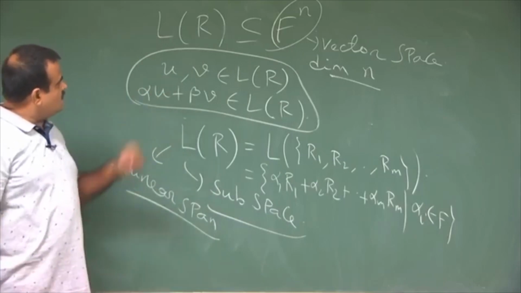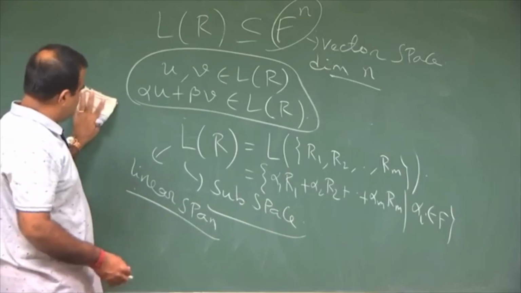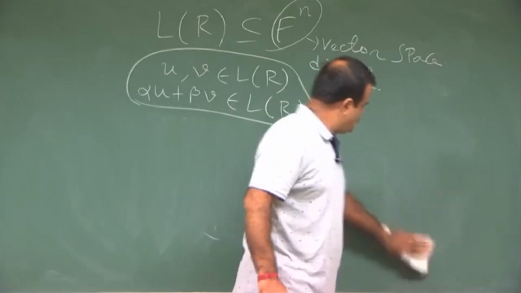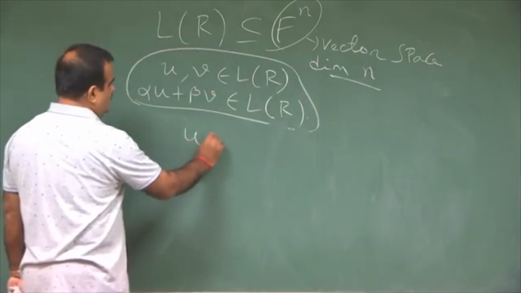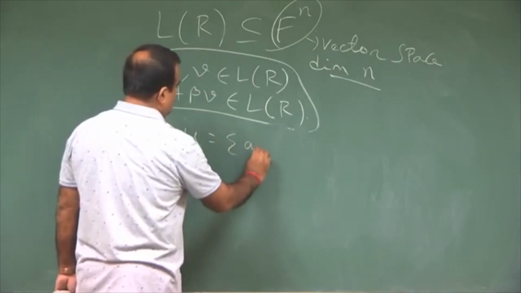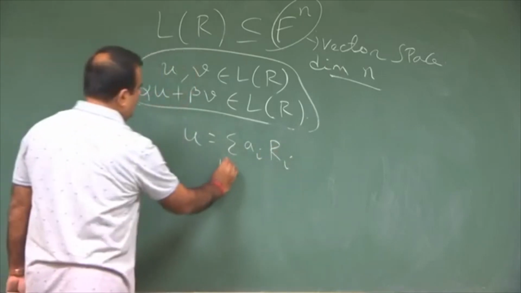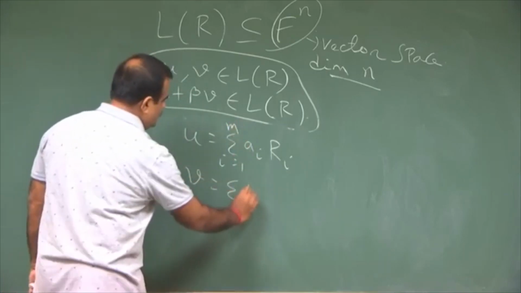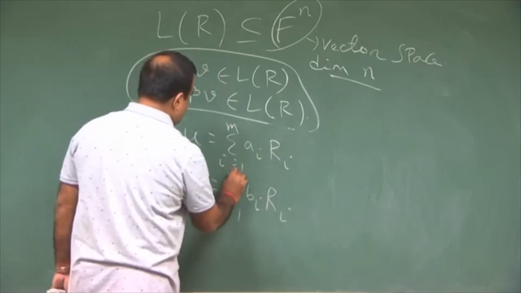We can easily show this. If u is in the linear span, u can be written as the summation of a i r i for i equal to 1 to m, and v can also be written as the summation of b i r i for i equal to 1 to m.